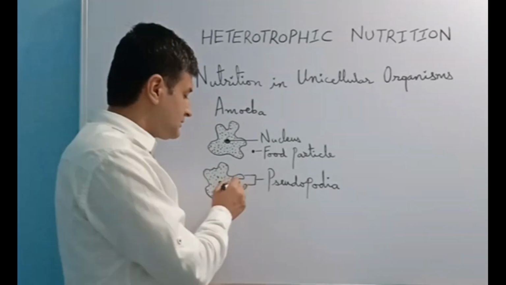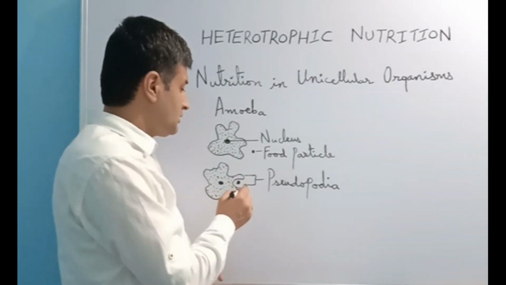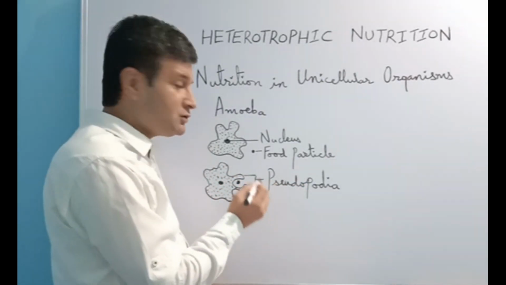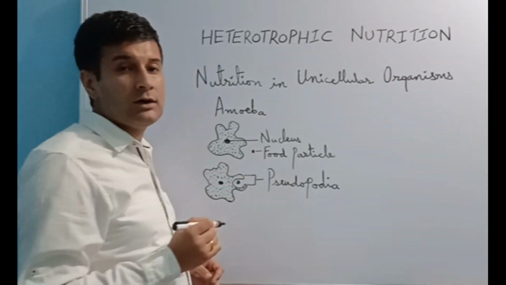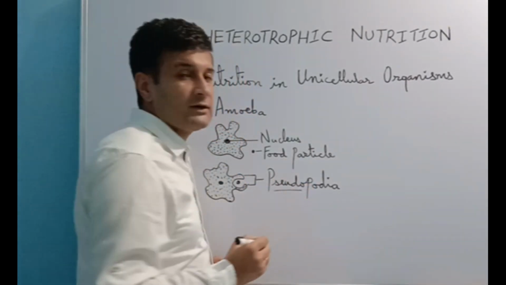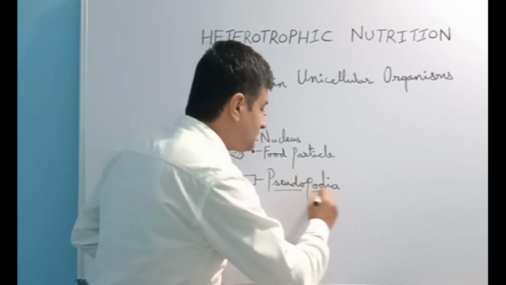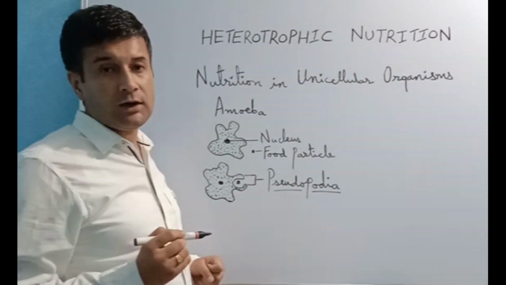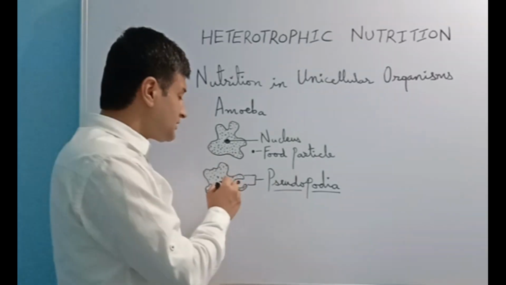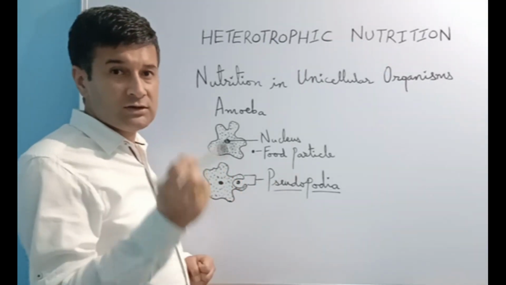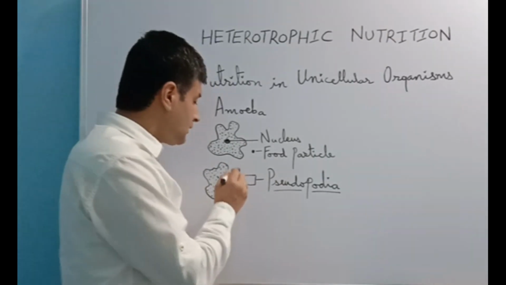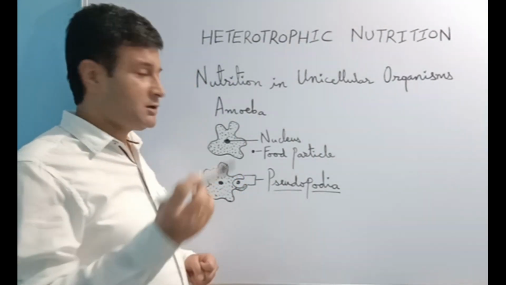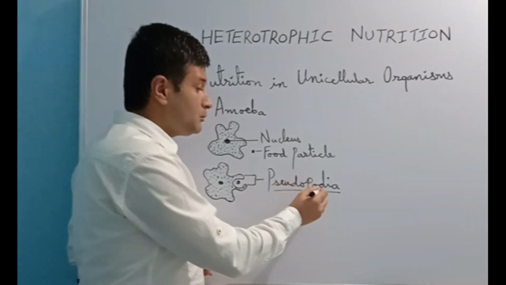The cell surface extends out pseudopodia in order to engulf the food particle. Pseudo means false, podia means foot. So this is not the true foot of amoeba. It is a temporary projection just to engulf the food particle. Therefore, it is termed pseudopodia.